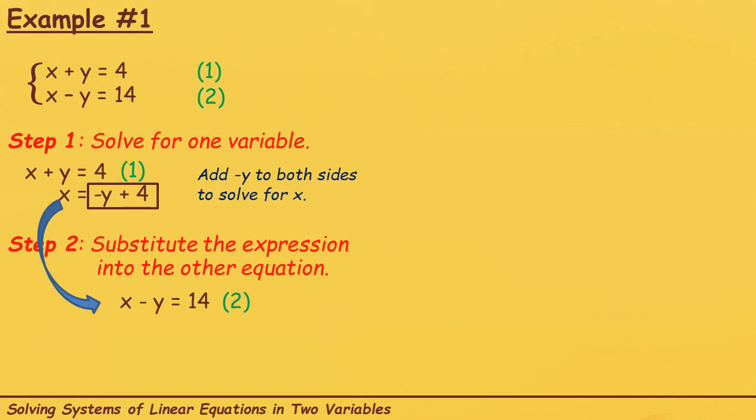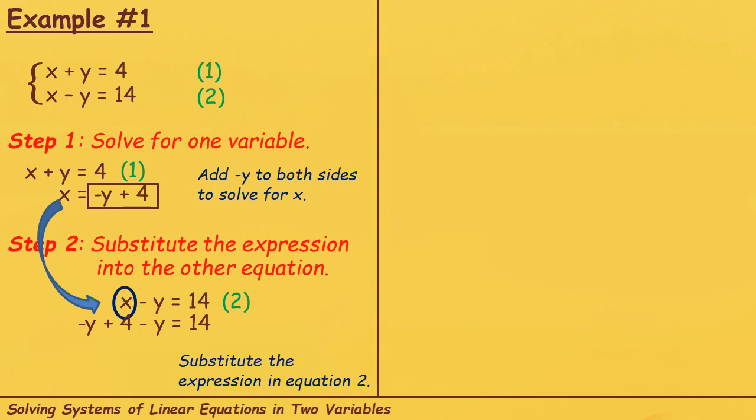Meaning to say, isa-substitute natin yung value ng x na nakuha sa step 1 to our equation number 2. Substitute the expression in equation 2. Magiging negative y plus 4 minus y equals 14. Ibig sabihin yan, we just substituted the value of x here. Ang value nun is negative y plus 4. So that is step number 2.